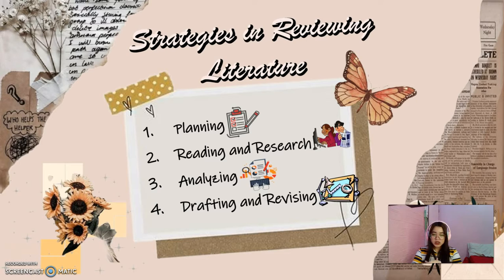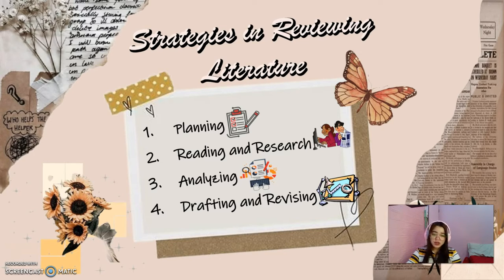When we say reading and research, collect and read current research on your topic, then select only sources that are most relevant. And next is analyzing. When we say analyzing, we need to summarize, synthesize, critique, and compare your sources in order to assess the field of research as a whole.